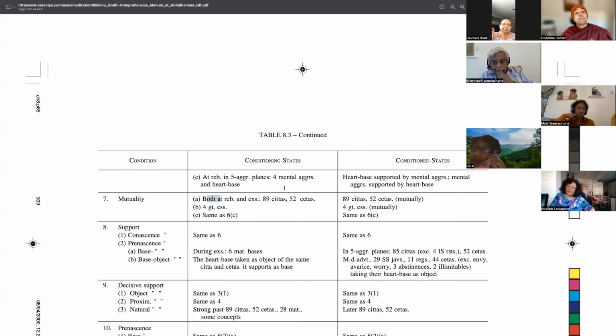So avidya paccaya sankhara can be anyamanya paccaya.